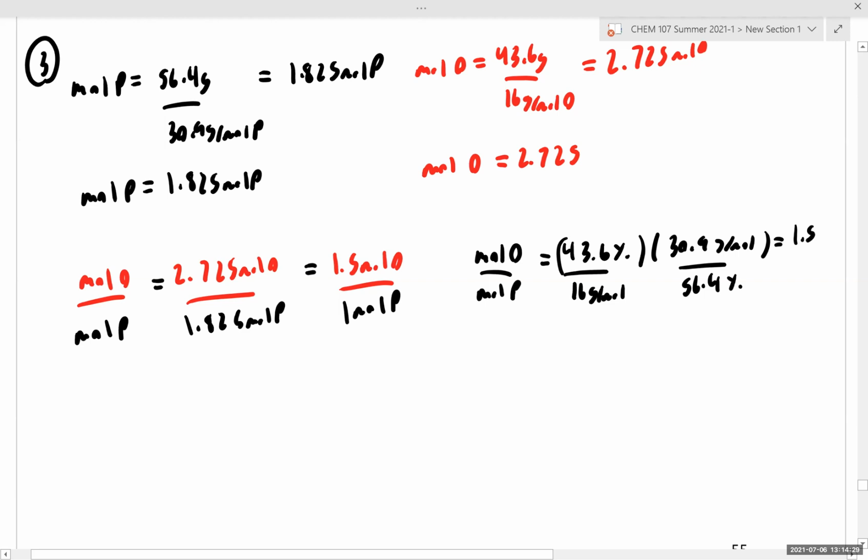And that gives us the same answer. So if you're comfortable with the formula method that I presented earlier, it can get you to the mole to mole ratio a little bit more efficiently.